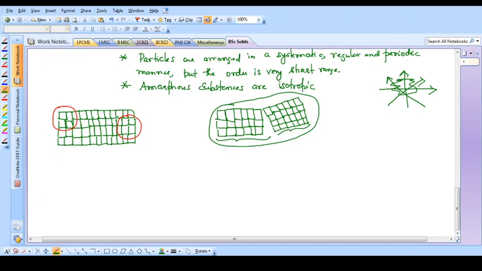But if I compare both together, there is some sort of disorderliness. So this is called short range order. This is one type of orderly arrangement, and this is also an orderly arrangement, but if I look at them together, they are not in the same order. There is a slight disturbance between the two domains. So this is called short range order.